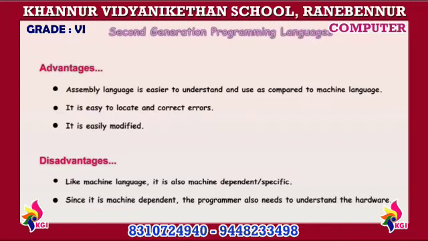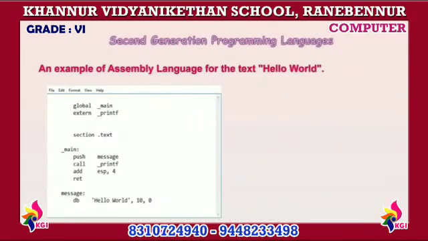Since it is machine dependent, the programmer also needs to understand the hardware. So these are the advantages and disadvantages of second generation programming languages. Now you can see the example, an example of assembly language for the text hello world. You can see here global main, extern print, section text.